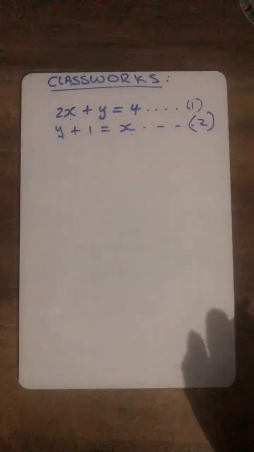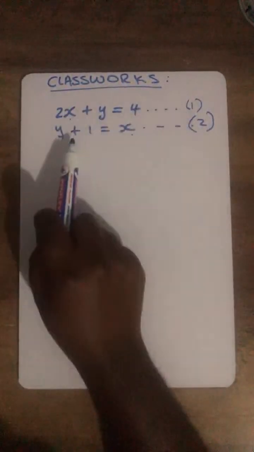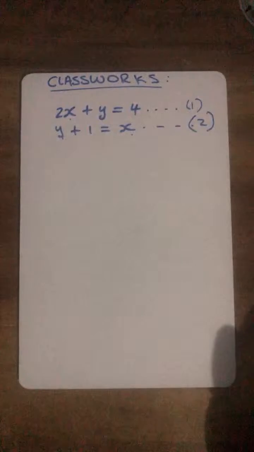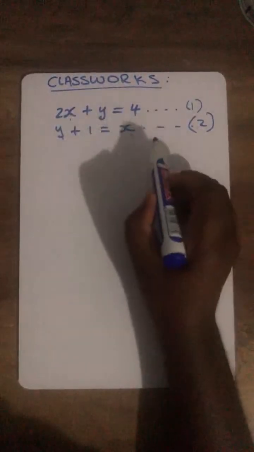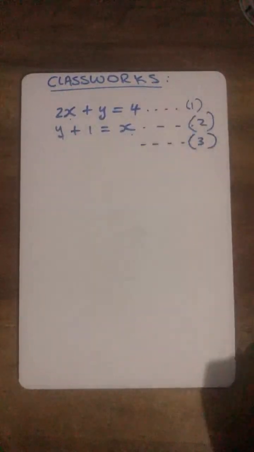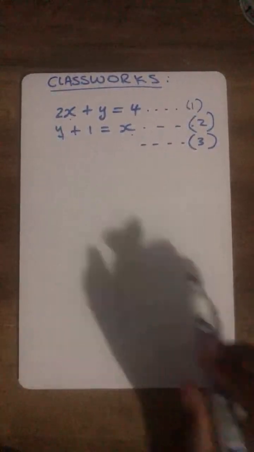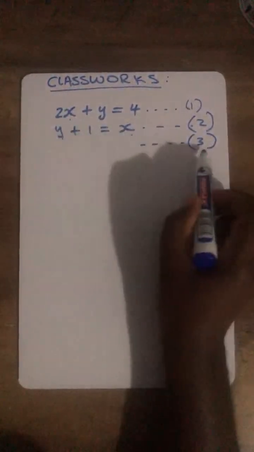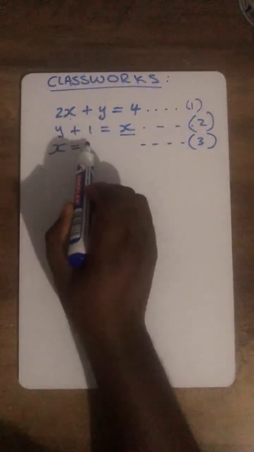So if you guys remember, we were at that stage where I was saying, let's say we are given two equations, and those are the two equations that you need to work out simultaneously. You will definitely need to derive equation number 3, where you make x the subject of the formula, which still remains as that.